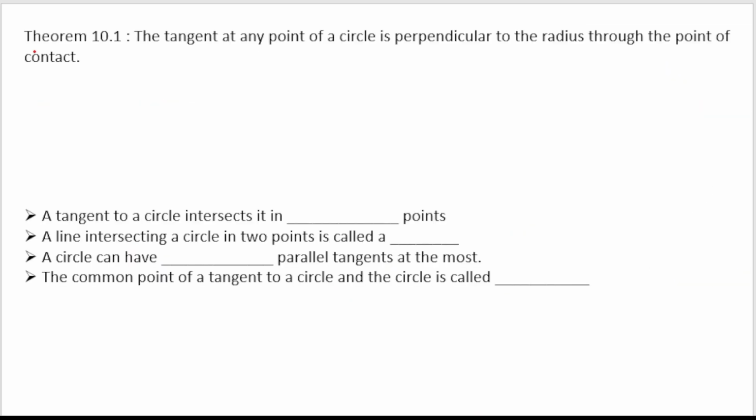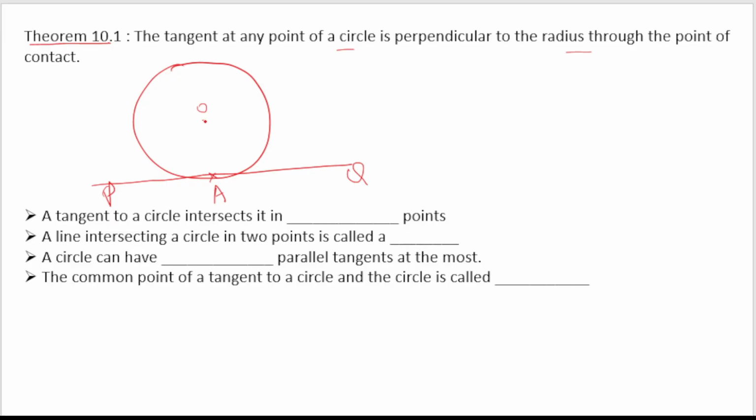Now we will see the theorem 10.1. The tangent at any point of a circle is perpendicular to the radius through the point of contact. That means we will take a circle and a line is touching the circle. And this line PQ is a tangent and the point of contact we will assume as A. And we will take the center O and this OA is radius.